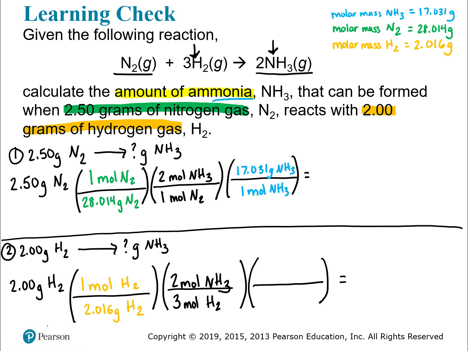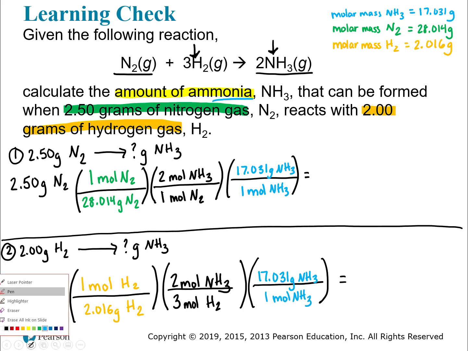The last step of this is the same. We're converting the moles of ammonia to grams of ammonia. I'll show you that our units cancel.